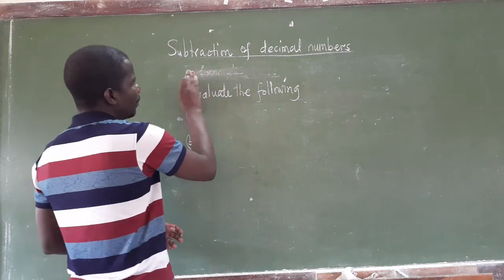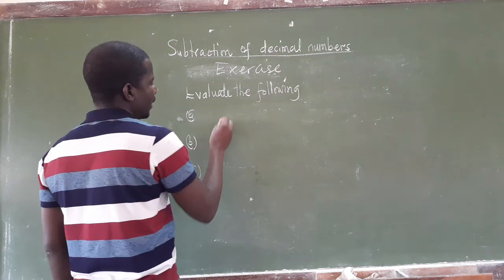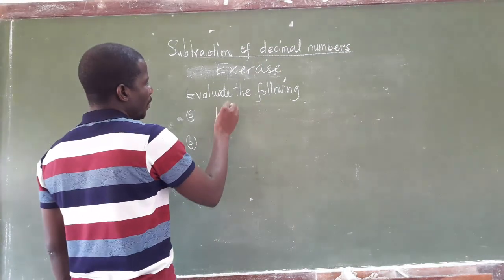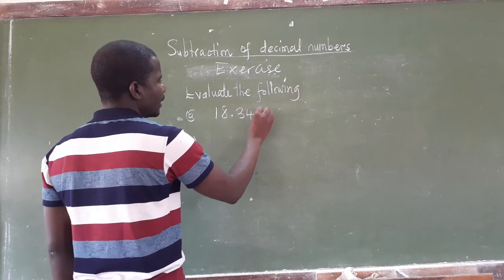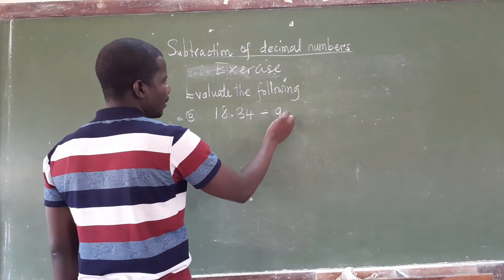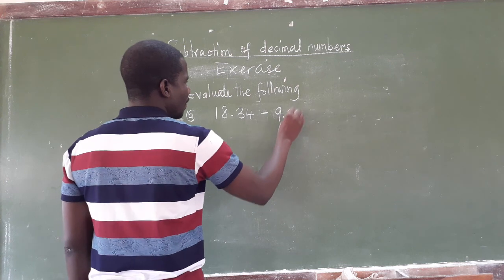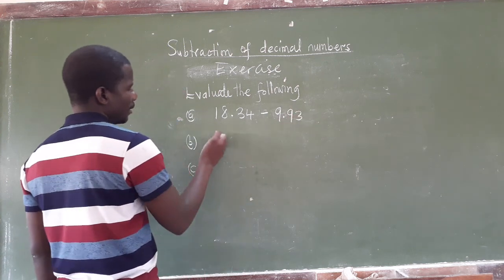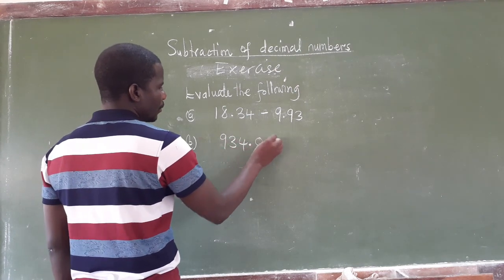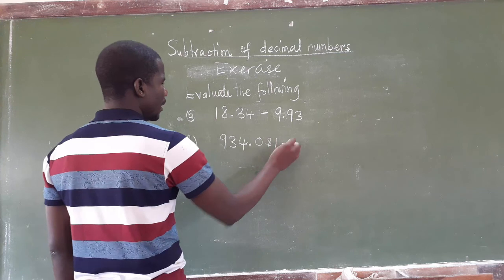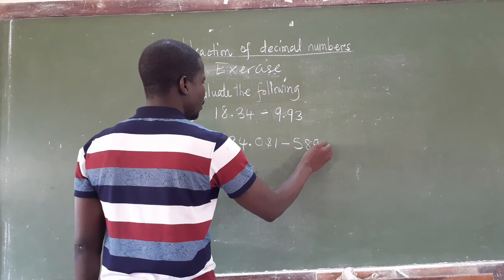So we can have 3 more as our exercise, where we have 18.34 minus 9.93. And here we can have 934.081 minus 589.582.